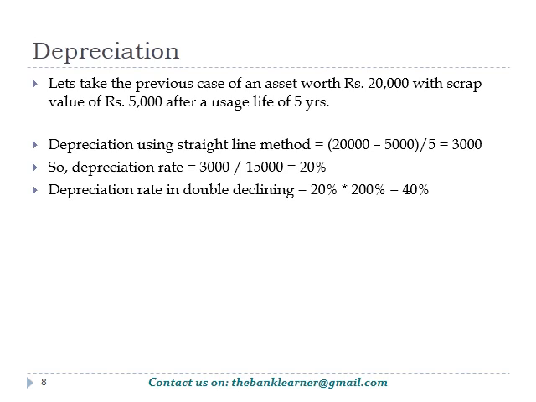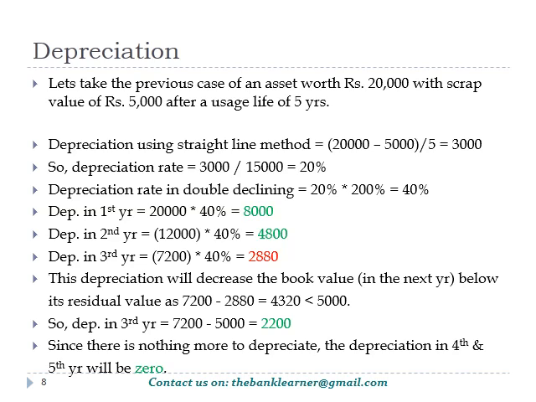Therefore, in double declining method, this rate gets doubled and the depreciation rate will be 40%. So, depreciation in first year will be 20,000 into 40%, which is 8,000. And depreciation in second year will be remaining book value into 40%, that is 20,000 minus 8,000, that is 12,000 into 40%, which will be 4,800.